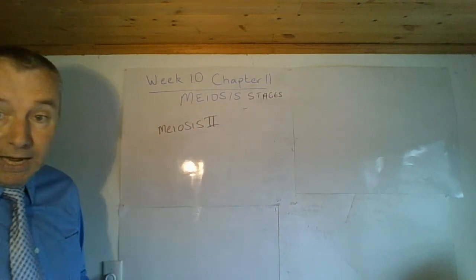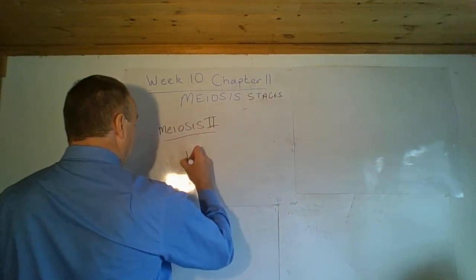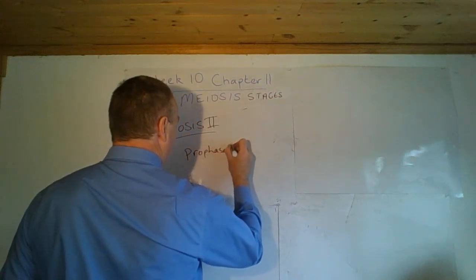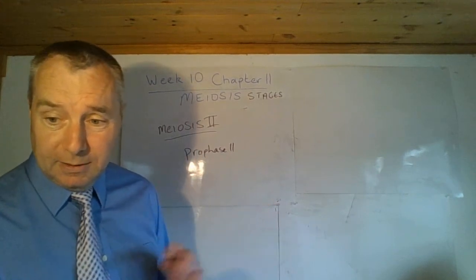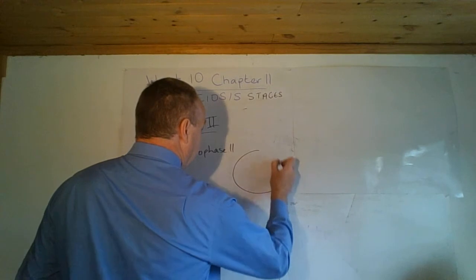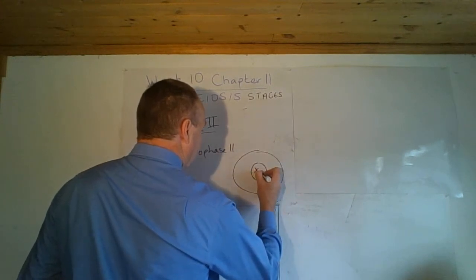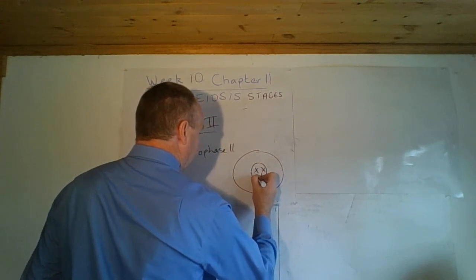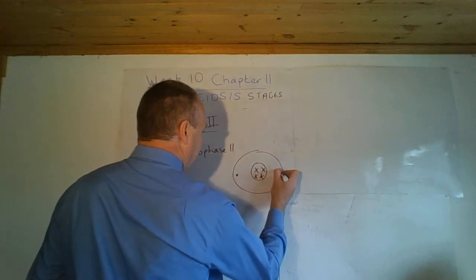So, again, we start to see a second prophase, and we call this prophase 2. And this looks a lot like mitosis, because what we have in prophase 2 is chromosomes condense, meaning they become visible, and the beginnings of spindle fibers beginning to form.